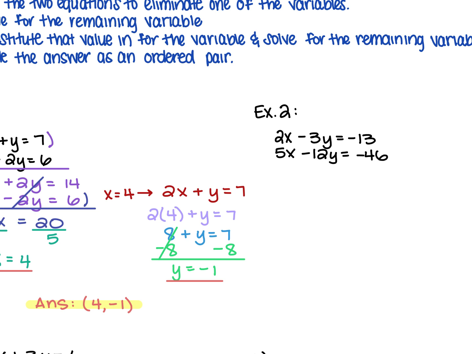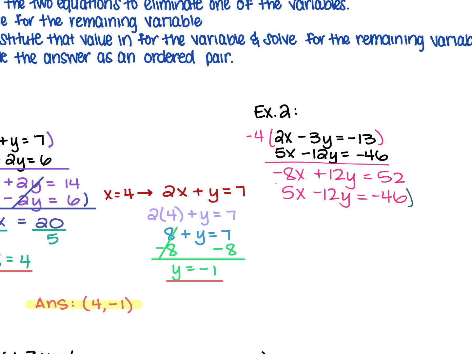So we're going to multiply the top equation by 4 in order to make that -3y a 12y. However, we want opposite signs, so we're also going to multiply it by a negative. So everything gets multiplied by -4 on the top. That's going to give us -8x plus 12y is equal to a positive 52, and 5x minus 12y is equal to -46.